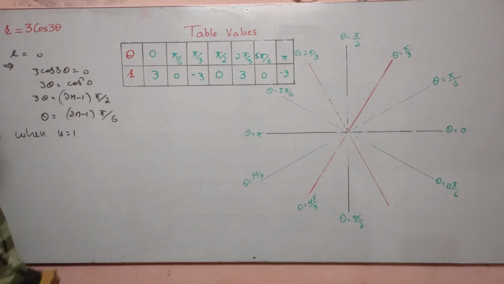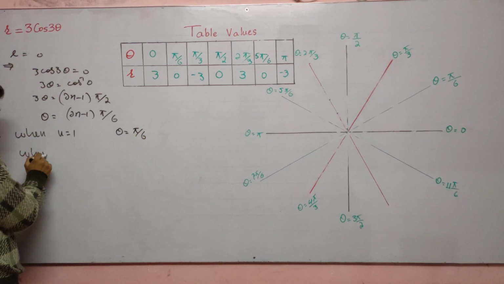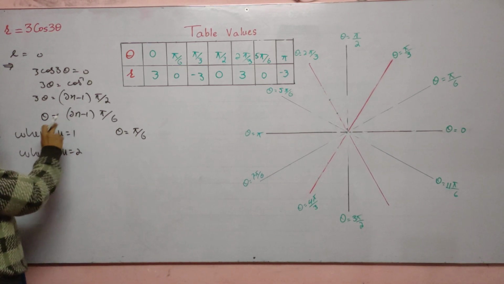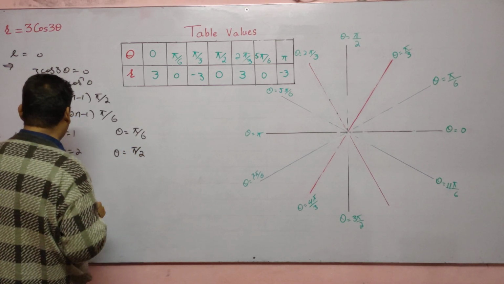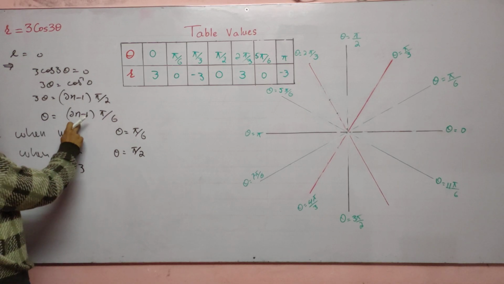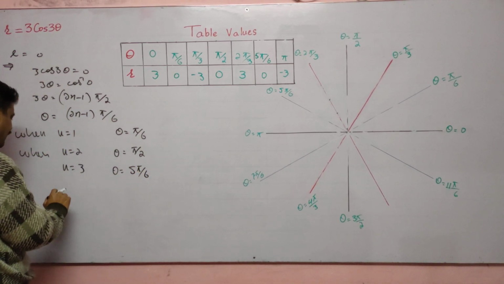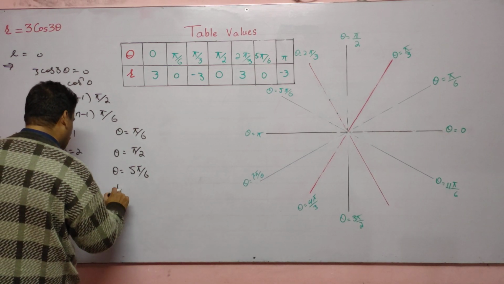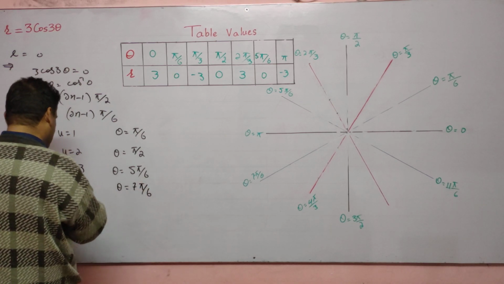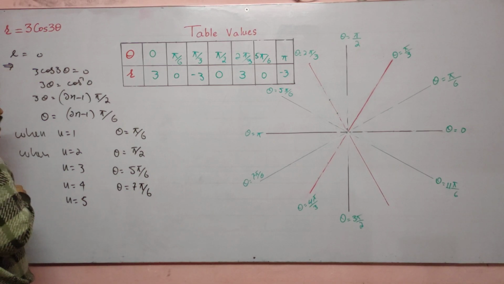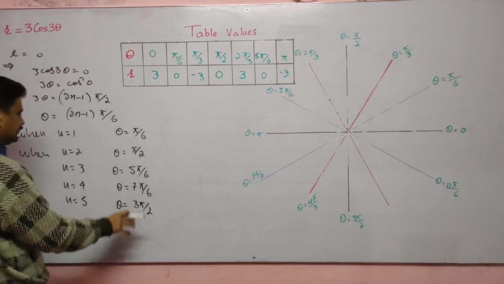When n is 3, θ is equal to 5π/6. When n is 4, the value of θ will be 7π/6. When n is 5, θ is equal to 3π/2.